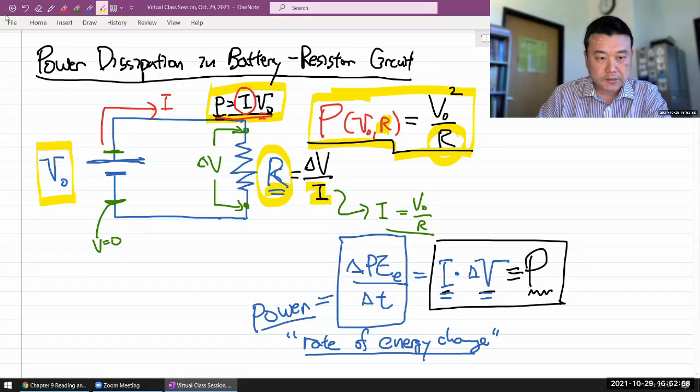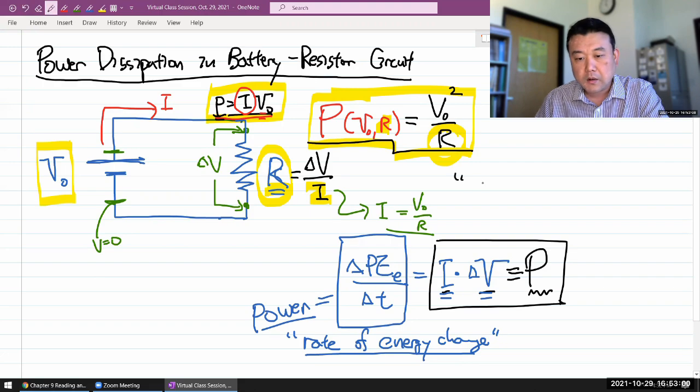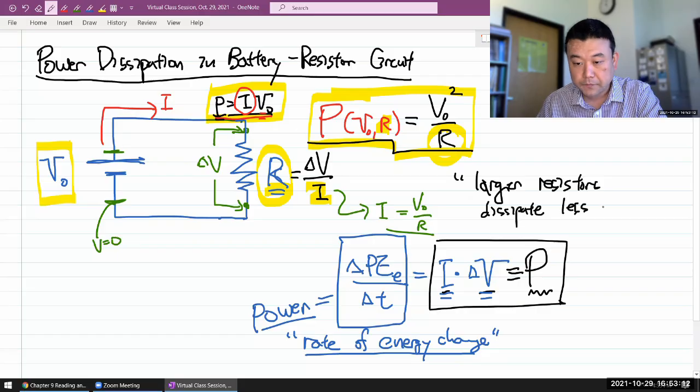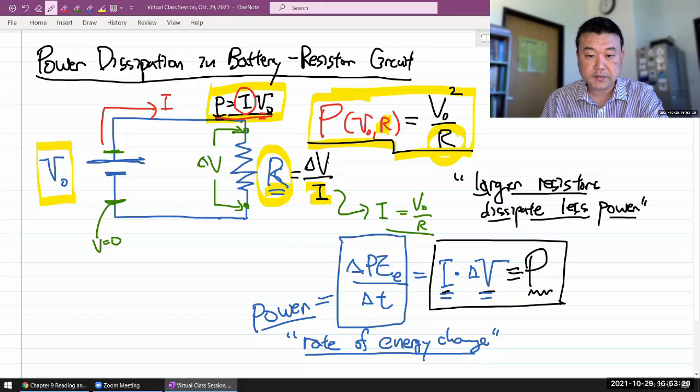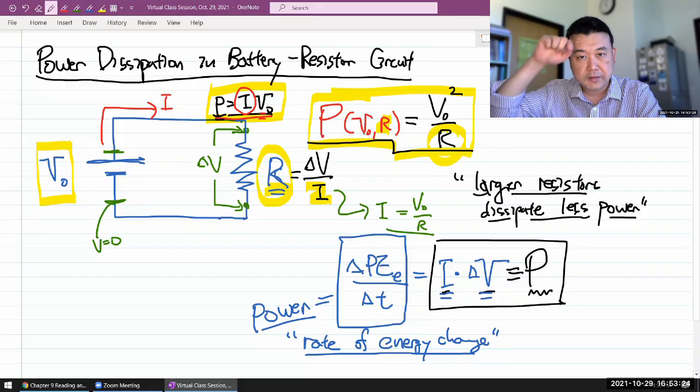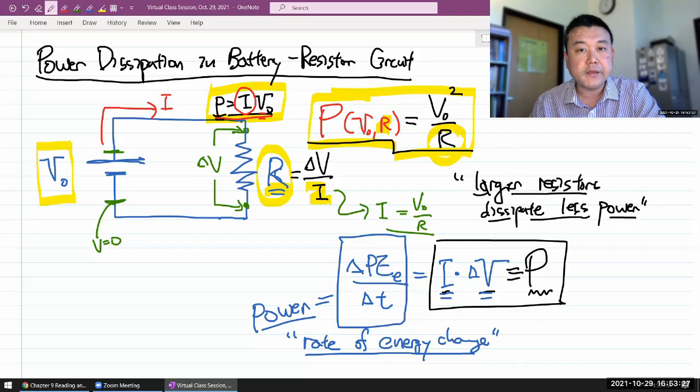And the proposed statement, larger resistors dissipate less power, which is the statement you might come to believe looking at this expression, is not generally true. It's true in this circumstance. I can change enough of the setting to make it so that it's not true. I can give you a counterexample, and so let me show you the counterexample.